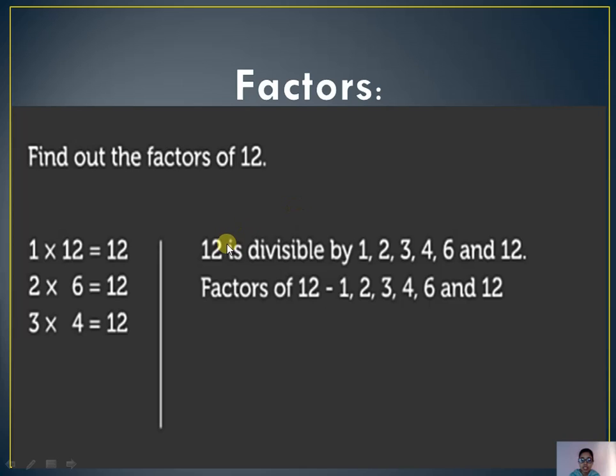Now what have we learned from this? That 12 is divisible by 1, 2, 3, 4, 6 and 12. It means the factors of 12 are 1, 2, 3, 4, 6 and 12.